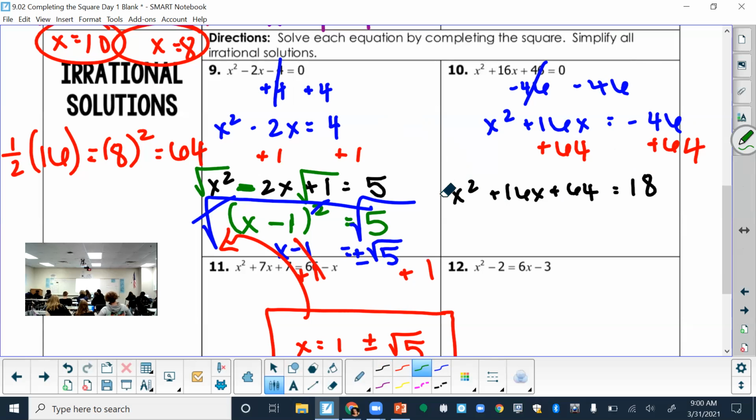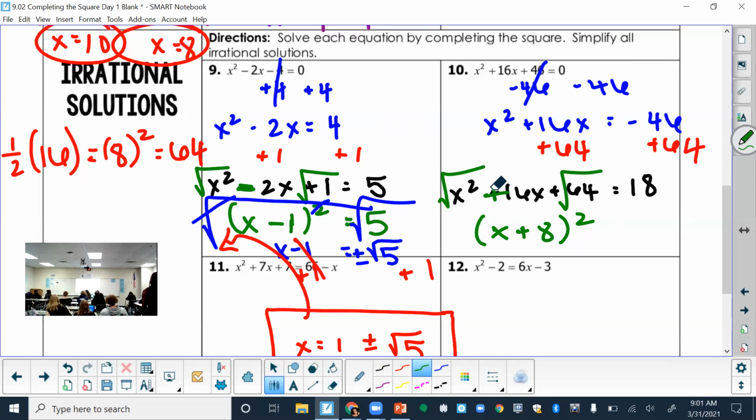Factor your trinomial. That's step 3. So take the square root of your first and last term. What do I get when I factor it? X plus 8 squared. Right? Square root of x squared is x. Square root of 64 is 8.